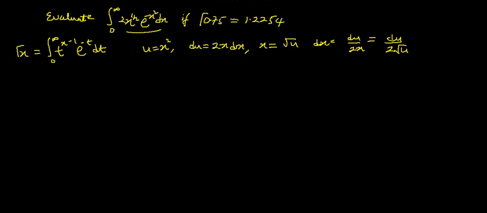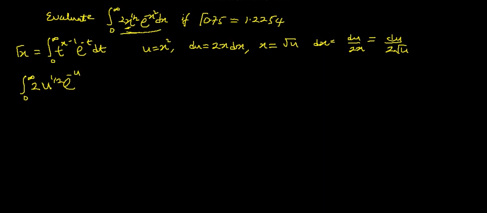Now let's substitute all of this into the expression that we have. We have the integral from 0 to infinity of 2, and instead of putting x here, we are going to put u to the power of 1 over 2, multiplied by exponential minus x squared, which is going to give us minus u, dx.